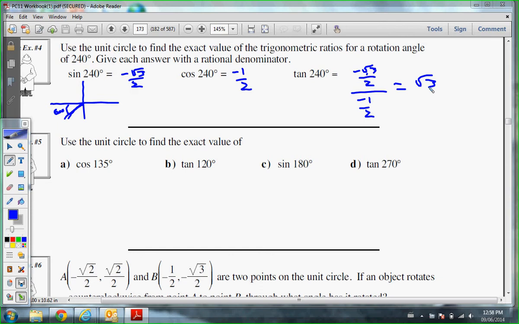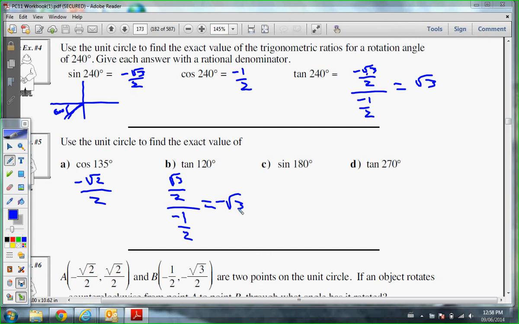Okay, use the unit circle to get the exact value of cosine 135. Cosine 135 is negative root 2 over 2. That is a reference angle of 45. Tangent of 120, that would be root 3 over 2 over negative 1/2, which would give you negative root 3 for tangent of 120.